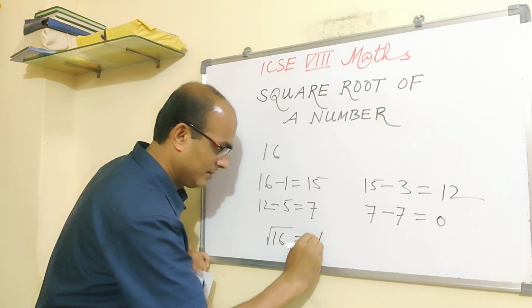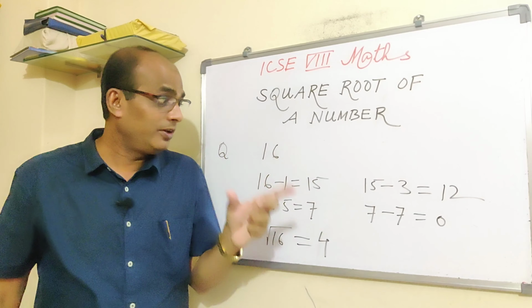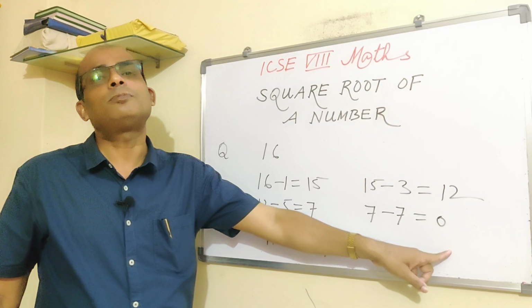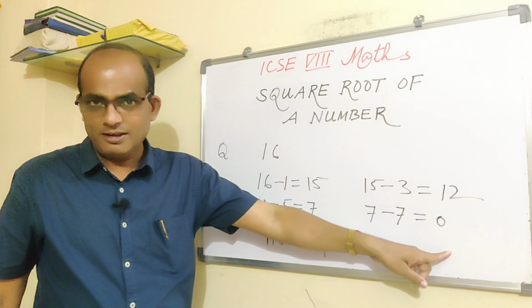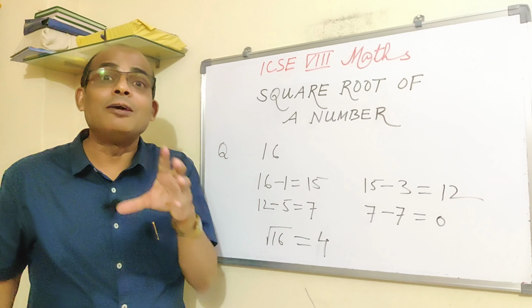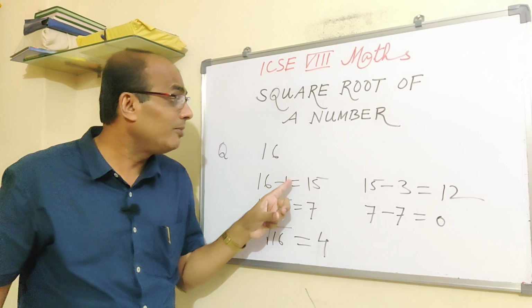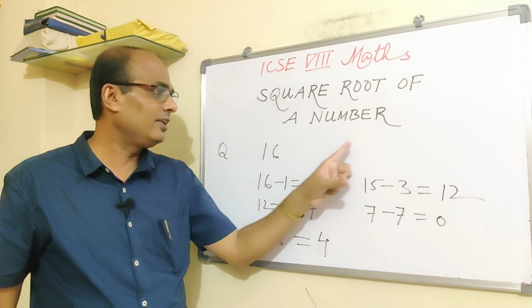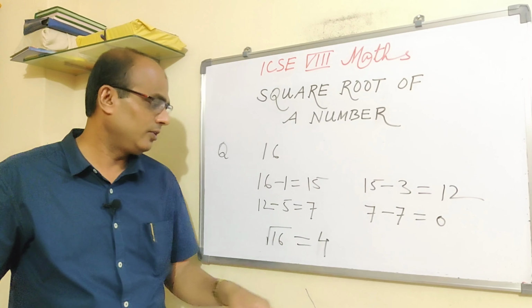First of all, we are answering the question of whether the given number is a perfect square or not. Because after repeated subtraction we are getting 0, it is a perfect square number. And the square root of that number will be the number m, where m is the number of times the subtraction is done. How many times is the subtraction done? 1, 2, 3, 4. So the square root of 16 is 4.